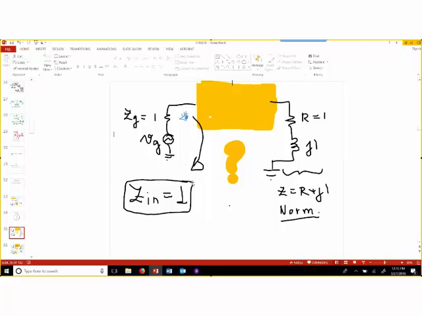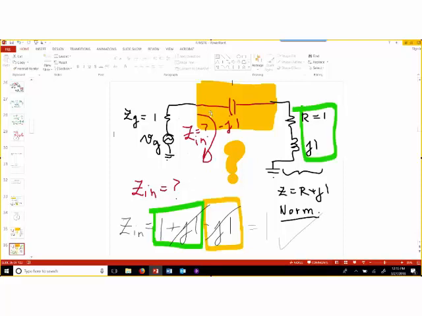A capacitor in series. Why is that? Because if you look at the equation for this impedance, it's 1 plus j1. For us to only have 1 over here, we have to add minus j1. Then these cancel, and the input impedance is just 1.